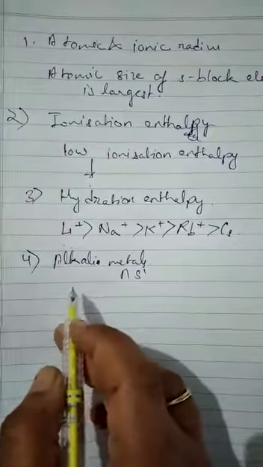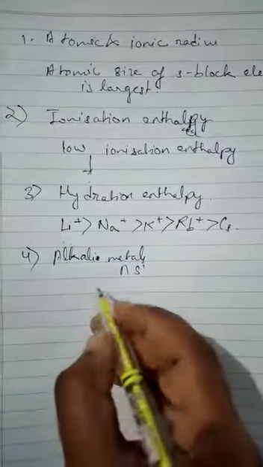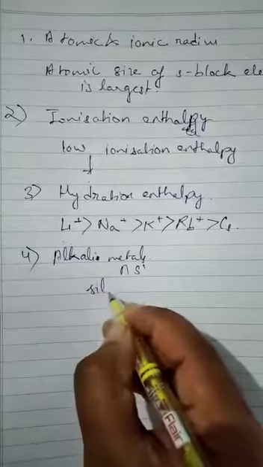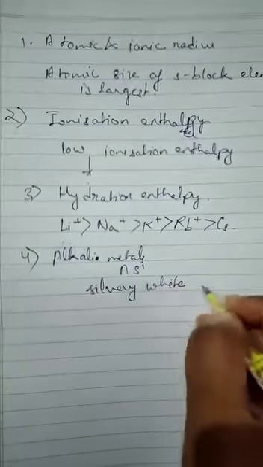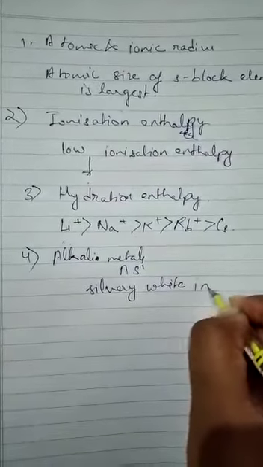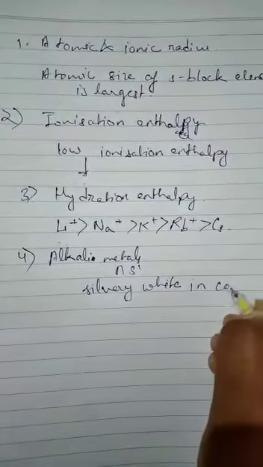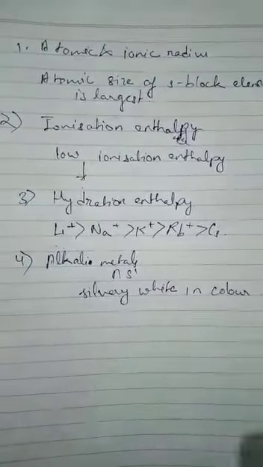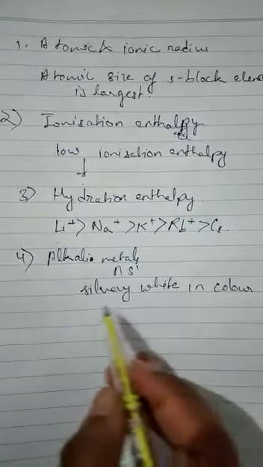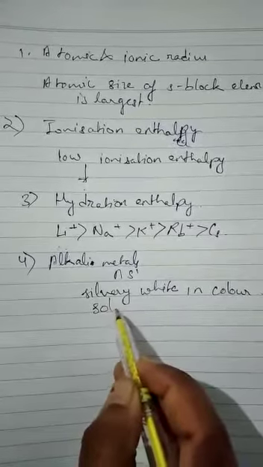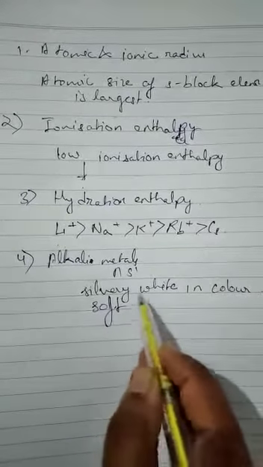Okay, and these alkali metals are basically silvery white in color. Okay, these alkali metals are silvery white in color, and also they are soft and light metals.